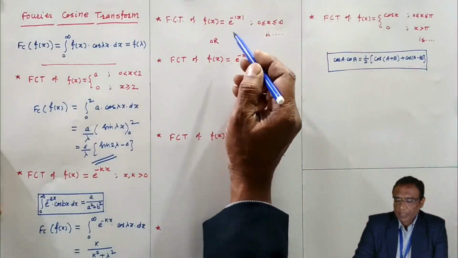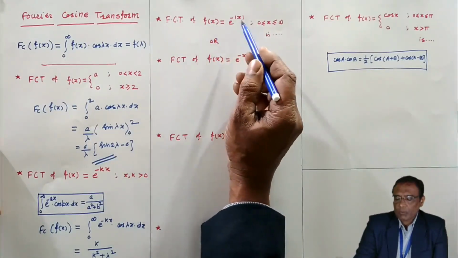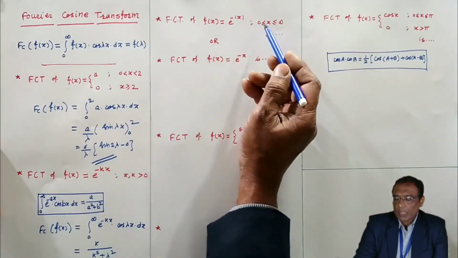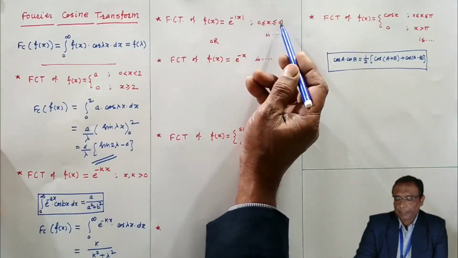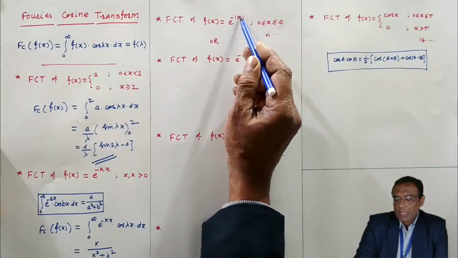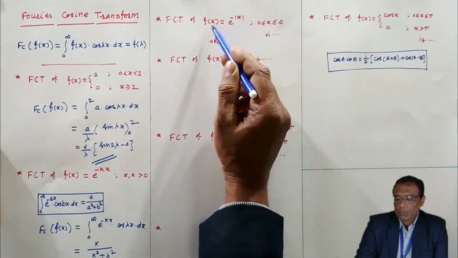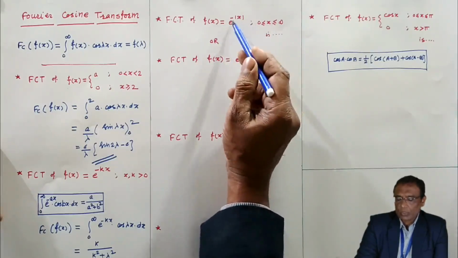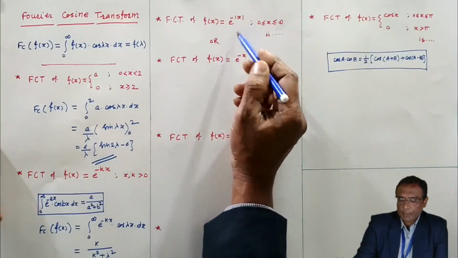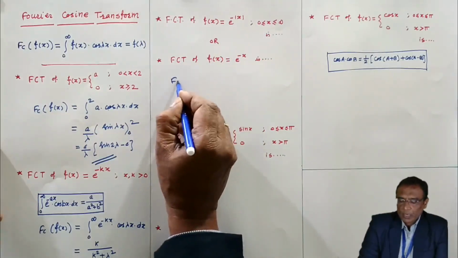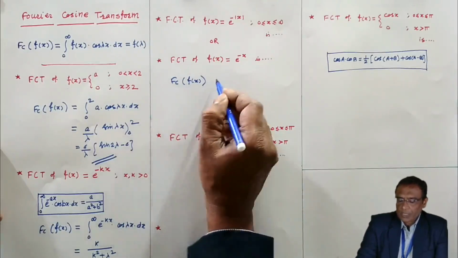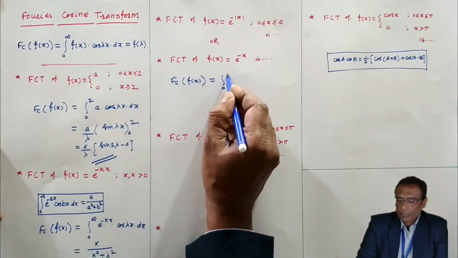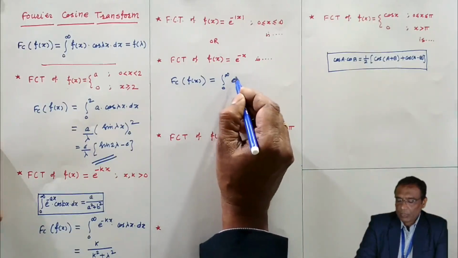Again the same thing. Here the Fourier cosine transform of this function for x greater than 0 up to infinity. The mod x is x. Therefore, this question will be asked like this also. Okay, these two carry the same meaning. The Fourier cosine transform of f(x) is integral 0 to infinity. f(x) is what?